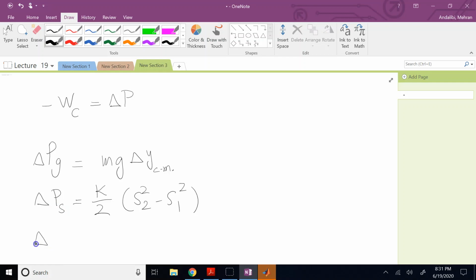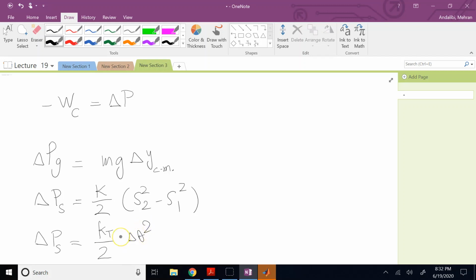And then there is now a new thing called a rotational spring, or torsional spring. For a torsional spring, it is equal to k theta, or kt, over 2 times theta 2 squared minus theta 1 squared, or delta theta squared.